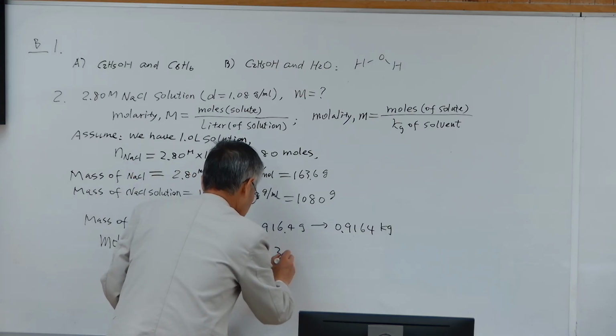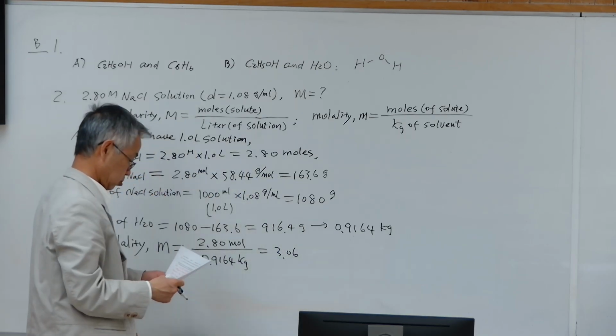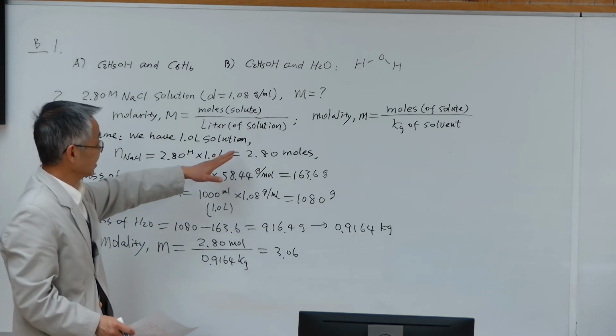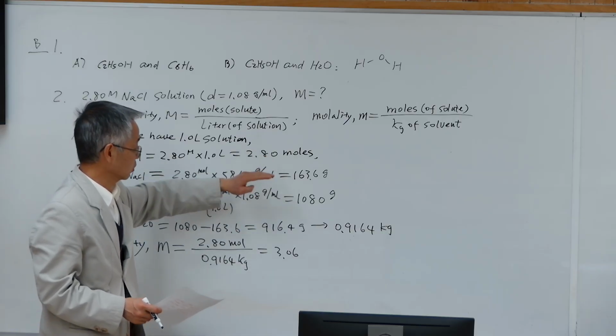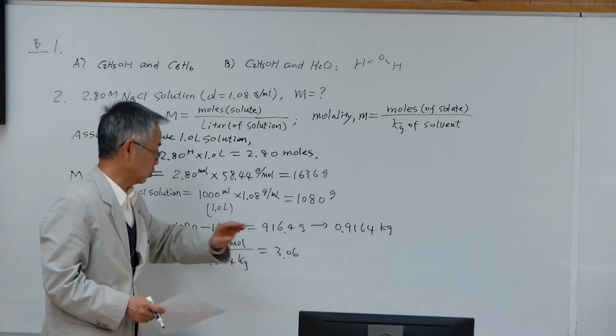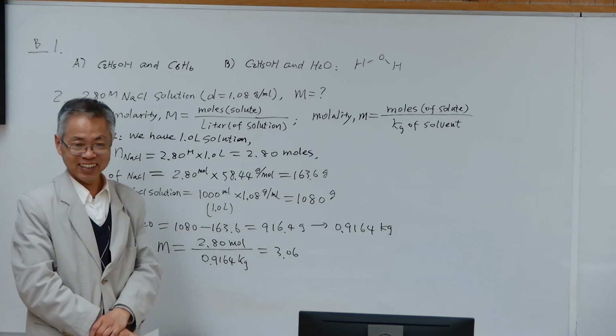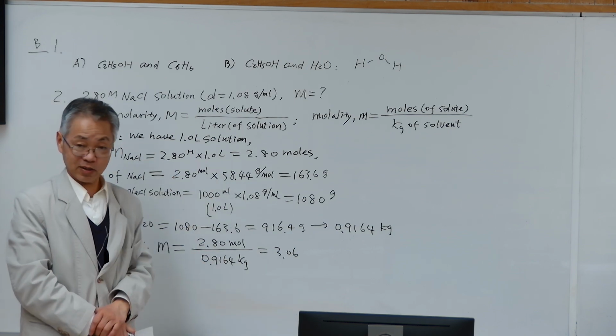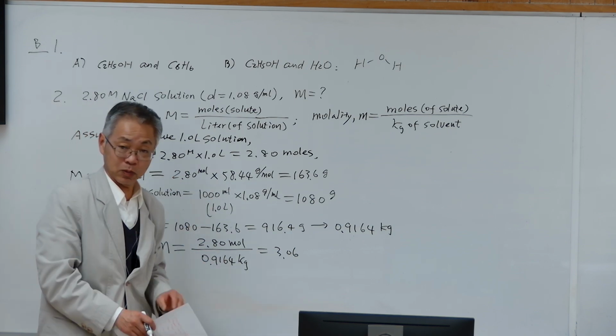Let's get 3.06. Total 4 points. Each step 1 point. 1 point, 1 point, 1 point, 1 point. Because these are all necessary steps. So each step is worth 1 point.